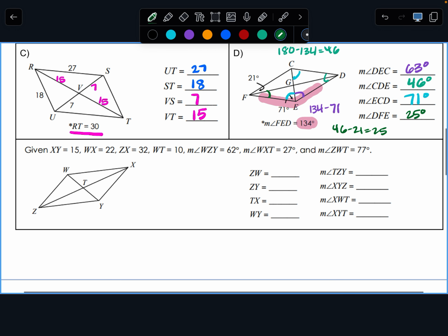Okay, last example, we're going to find all of these measures. I'm going to fill in what we're given. So we have 15 here, 22. Well, I guess we're given ZX equals 32, so I'm going to write 16 and 16. WT is 10.